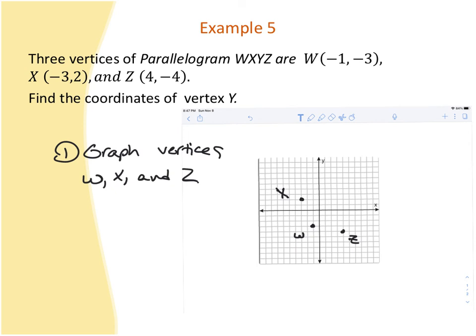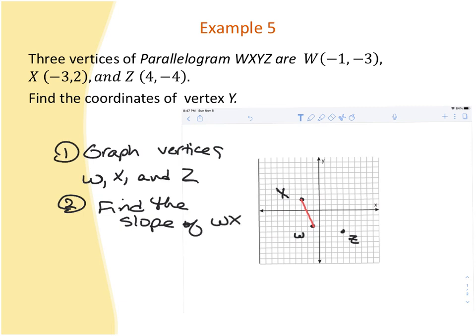It wants me to find the fourth coordinate. Now, the way that we have to officially do this is, remember, opposite sides are parallel. So I remember that parallel lines have the same slope. So I am going to find the slope of WX. So step 2, find the slope of WX.